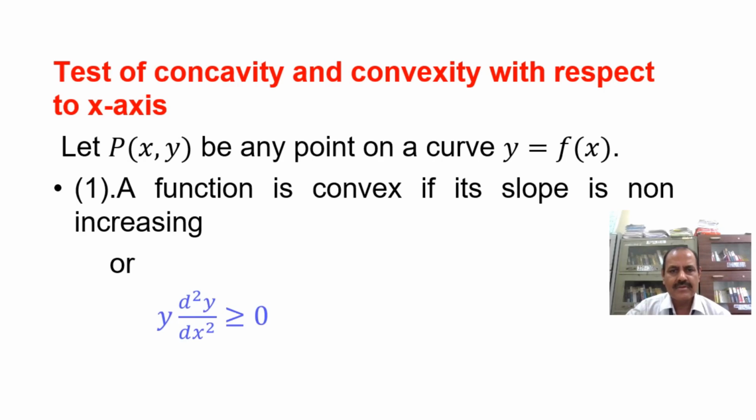Then a function is convex if its slope is non-decreasing. If we calculate the slope and it is non-decreasing. Another test for convexity, you can also calculate y times the second derivative of y with respect to x. If this is greater than or equal to 0, then the curve will be a convex curve.